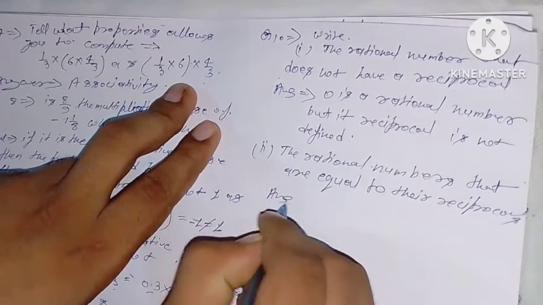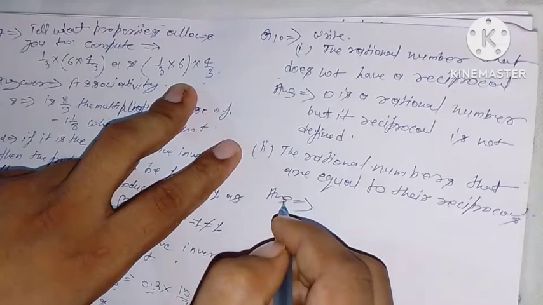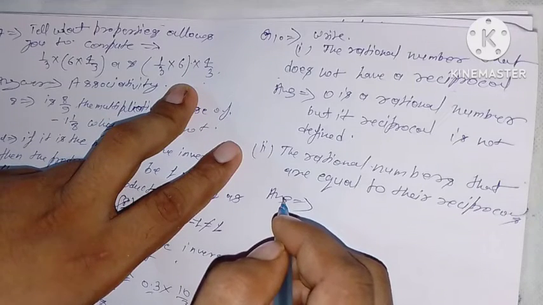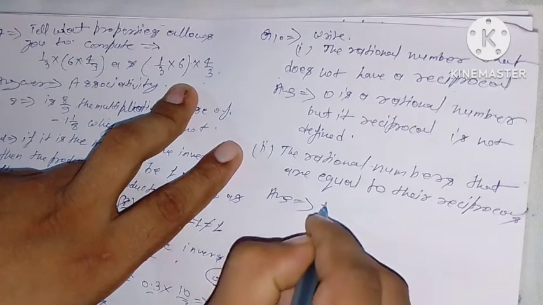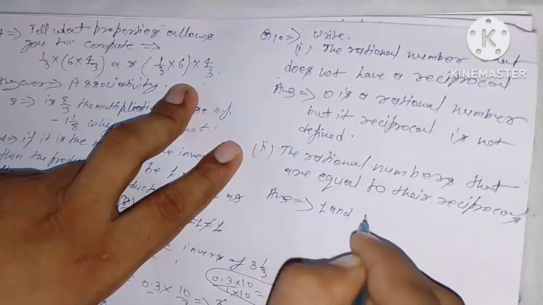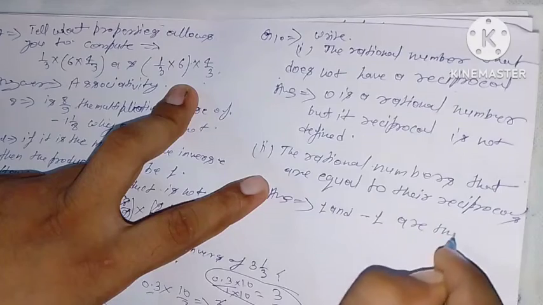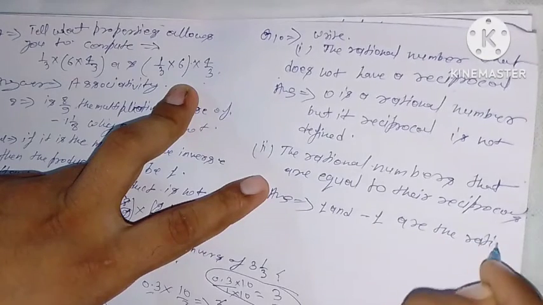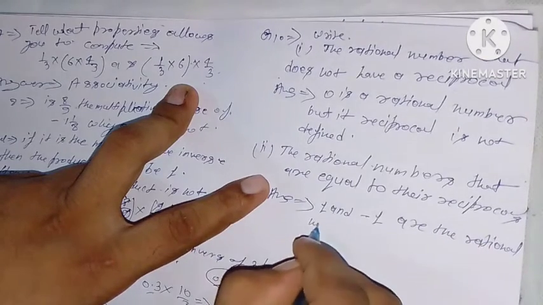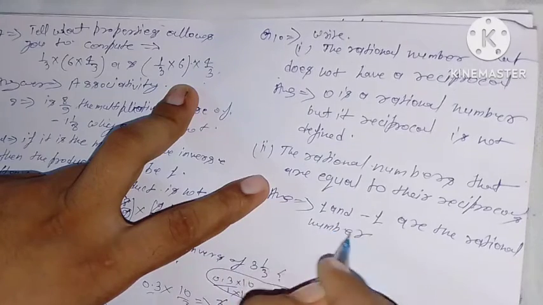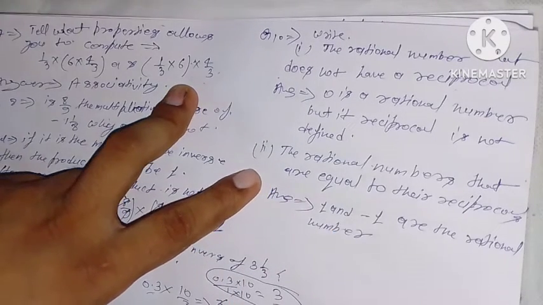Answer. 1 and minus 1 are the rational numbers that are equal to their reciprocal.